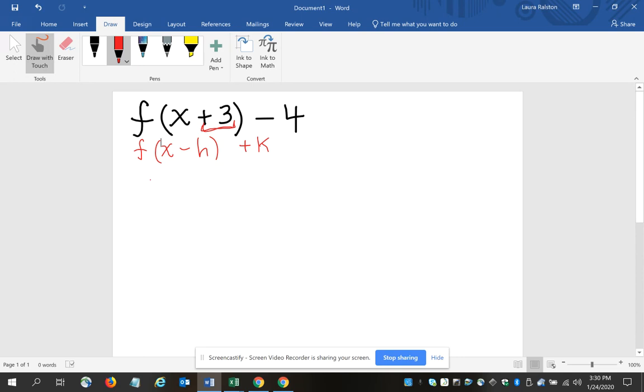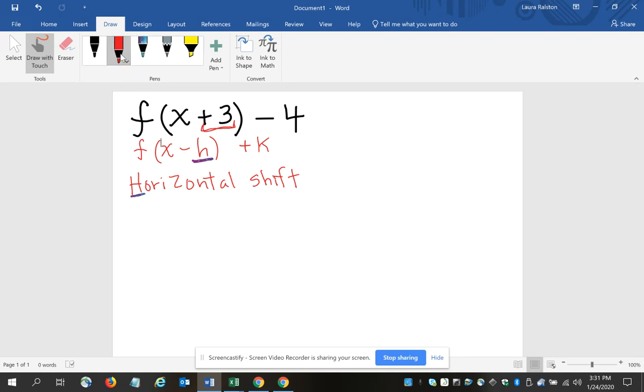Well, the h tells me, again, when it's inside that parenthesis or the grouping symbol, that gives me a horizontal shift. Now, again, you might be able to get familiar with that if you think about the fact that h is the first letter of horizontal.